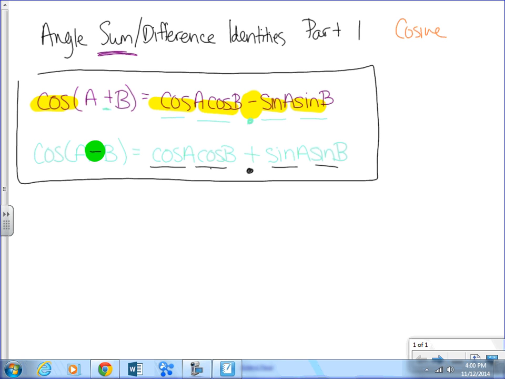Now let's actually do some questions with this. Numero uno. If the sine of A is equal to 3/5, and angle A is in quadrant 2, that means A is an element of quadrant 2.